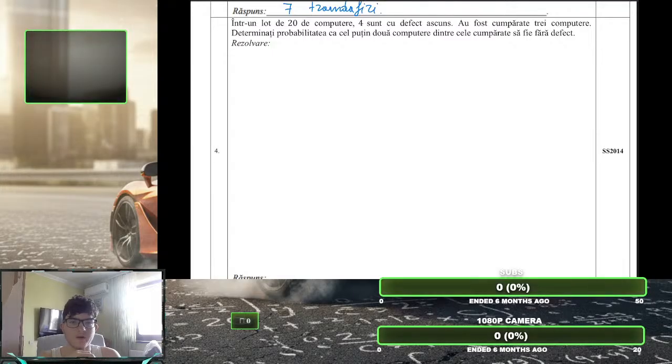Find the probability that at least 2 computers of those bought are without fault. Okay, so this is the problem right here. Understandable.